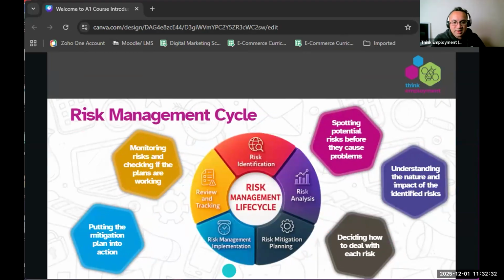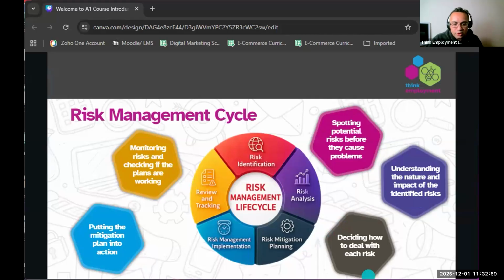So there's a risk management cycle. Basically, you need to be aware of how you identify the risk, how you analyze the risk, whether it's a risk that you need to take forward. And there are tools that enable you to manage risk. It basically allows you to monitor the risks.